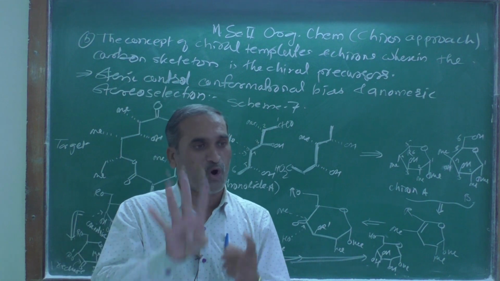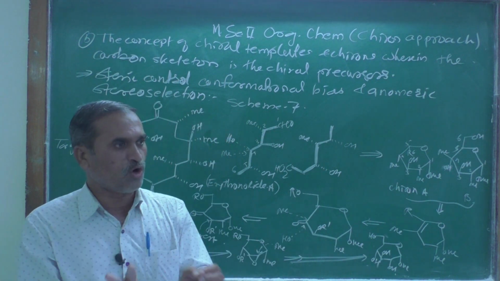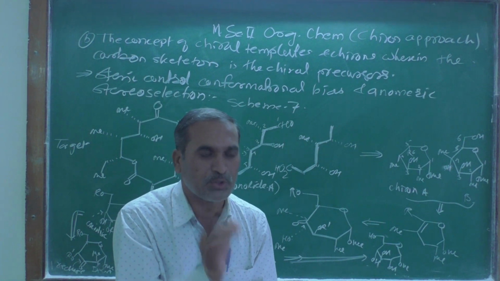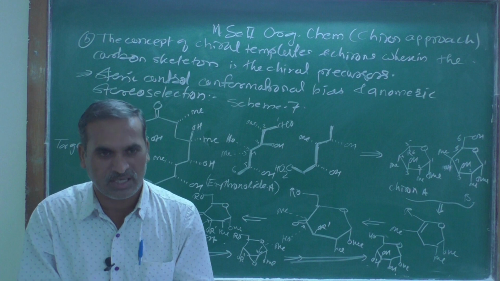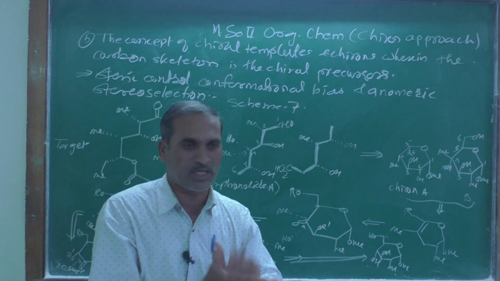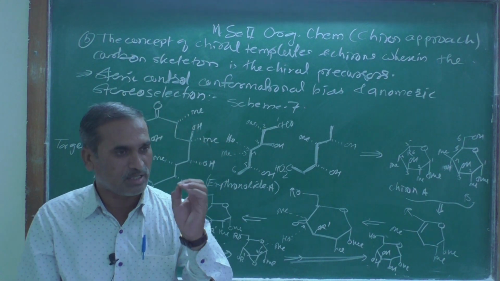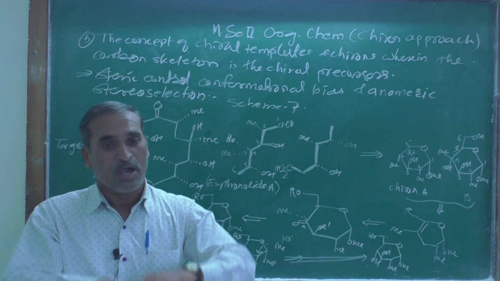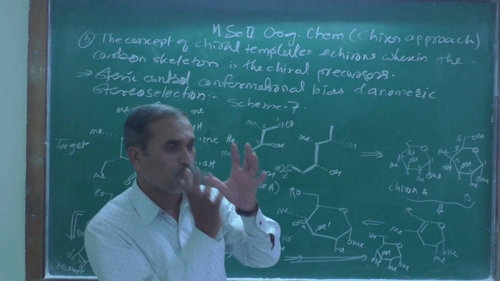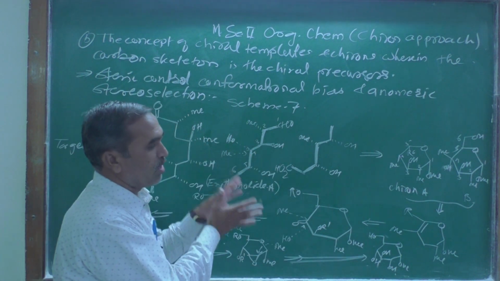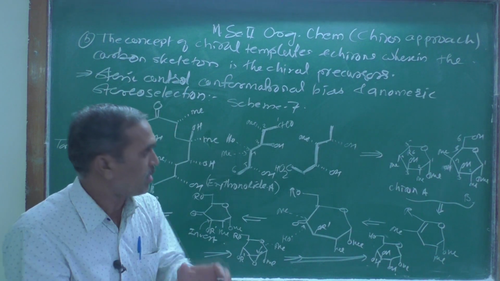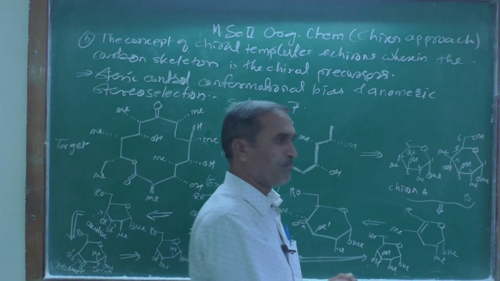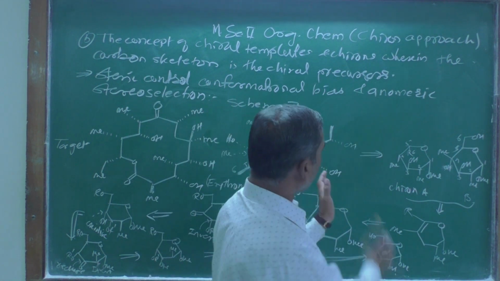Mainly four precursors we generally use while studying the chiron approach. Number 1 is a carbohydrate, second is a hydroxy acid, third is an amino acid, and fourth is a terpene. By using these precursors, we are trying to synthesize the molecule in the laboratory, in the research lab.